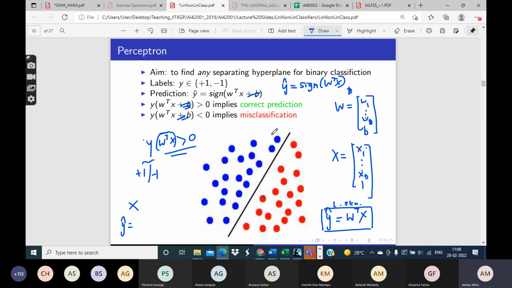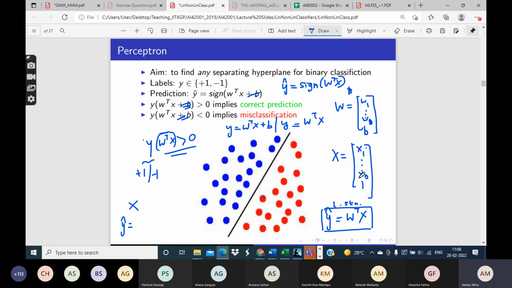So this mathematical formula helps us understand whether the prediction we have made is correct or wrong. The linear structure we can write as y equal to w transpose x plus b, where b is a bias term. Or we can write y equal to w transpose x, where x contains an extra element 1.